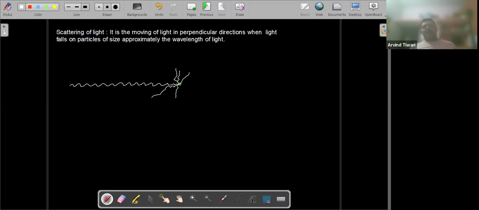That is, when light falls on tiny particles which are of the size of the wavelength of light, we call it scattering.